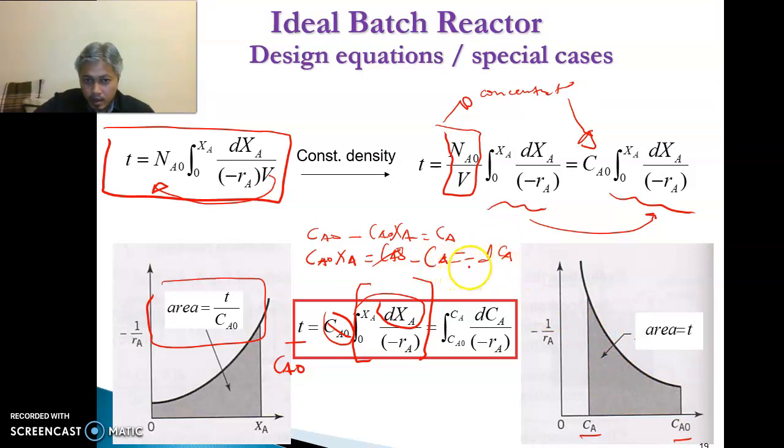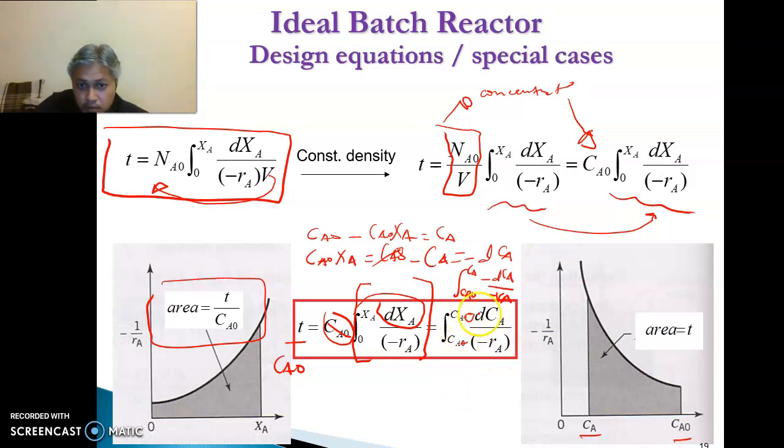So we have this here with the limit of ca naught, ca, then minus t dca, and then previously we have this term, negative ra here, so we bring negative ra as well. But here actually we can make it positive when we reverse the limit, so actually it will become ca naught here and ca at the bottom.